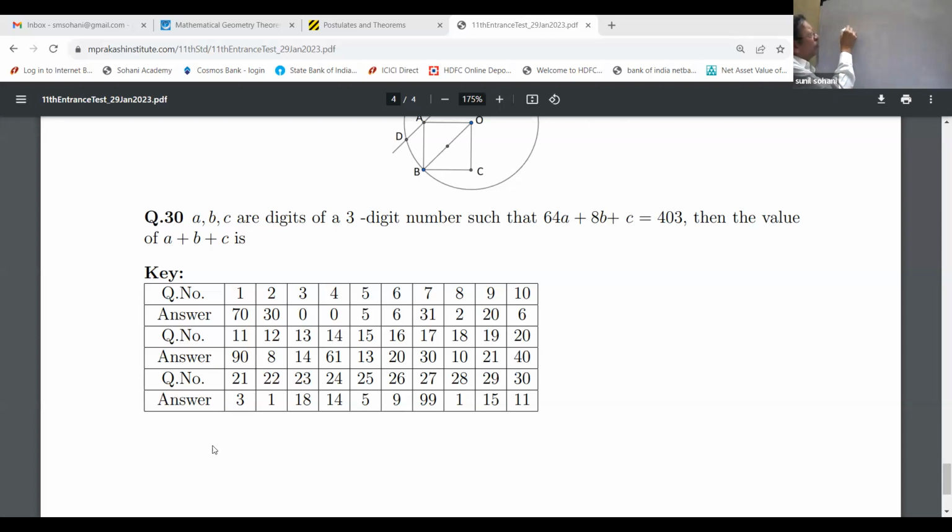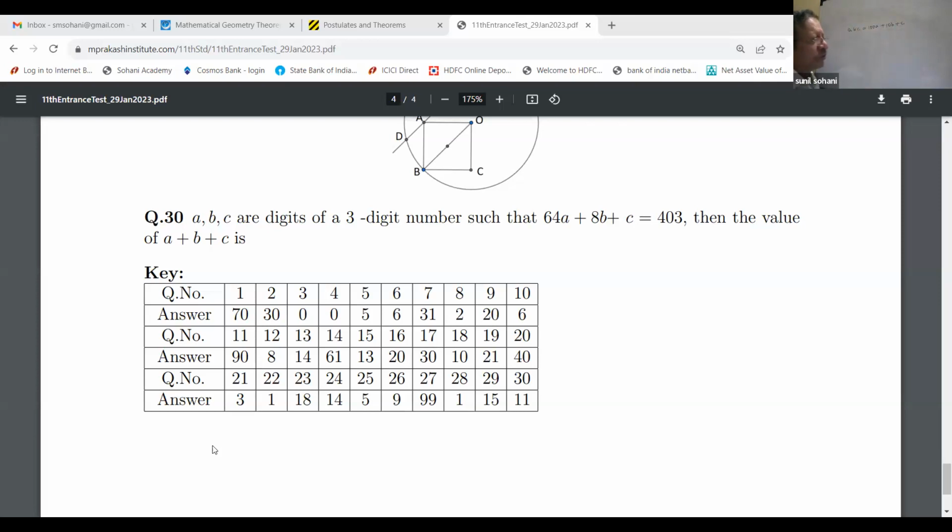So the first reaction, and this is what you also should do while attempting the paper: how to represent a 3-digit number? 100A plus 10B plus C is the expanded form of a 3-digit number.